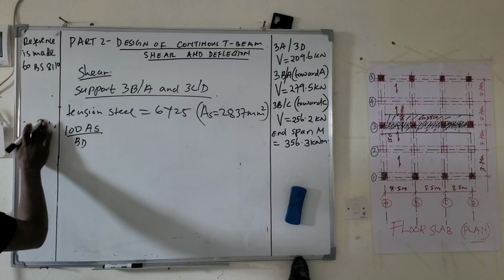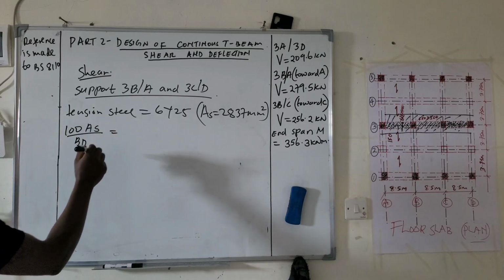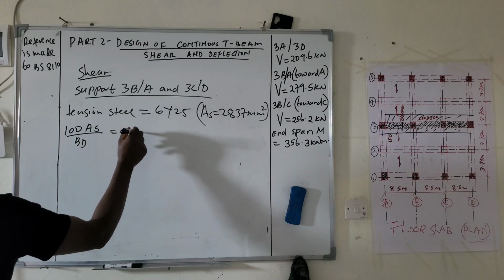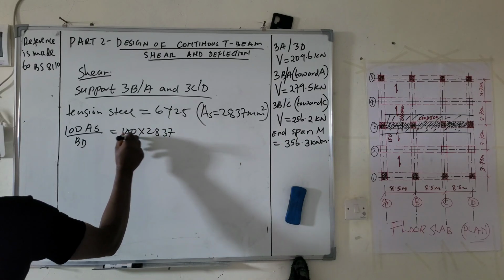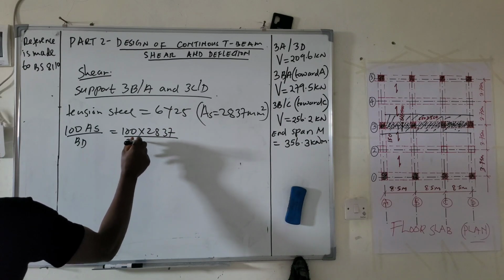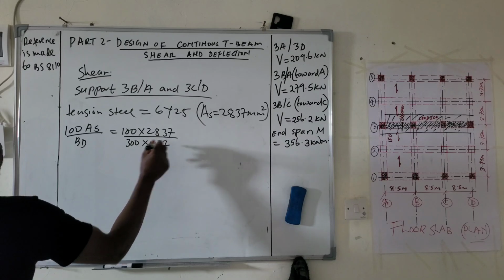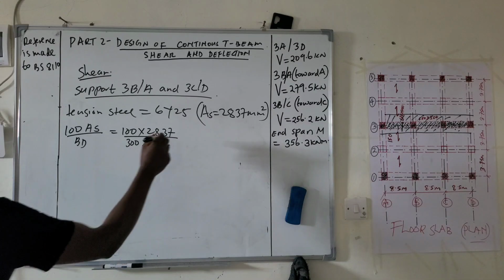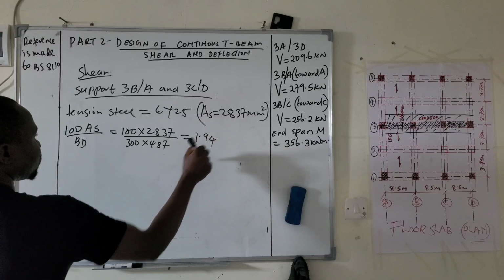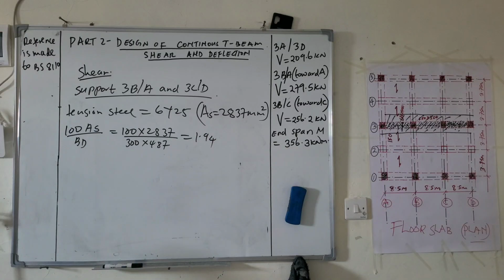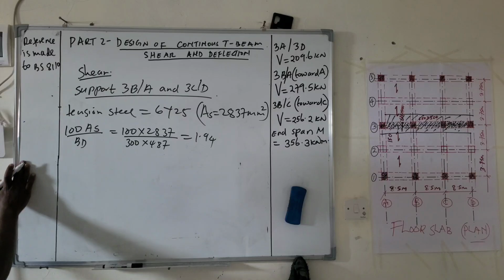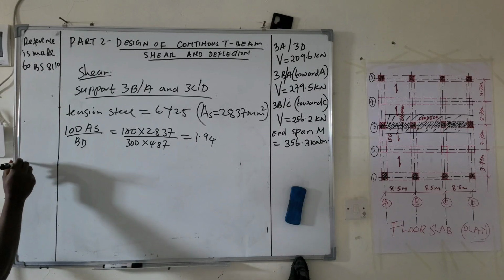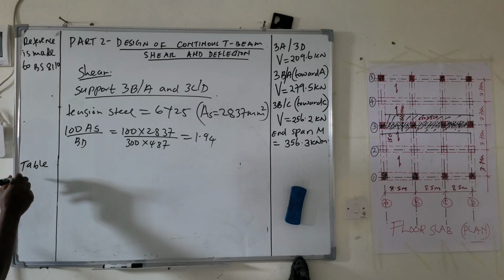So this one is equal to 100 times 2837 over 300 times 487. So this one is equal to 1.94. And then you proceed to table 3.11.